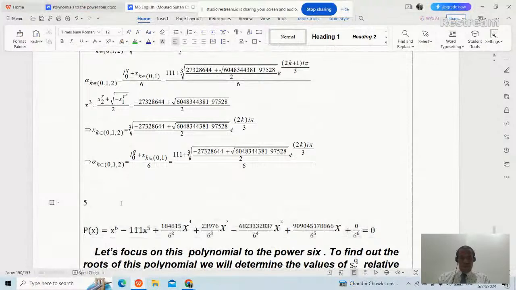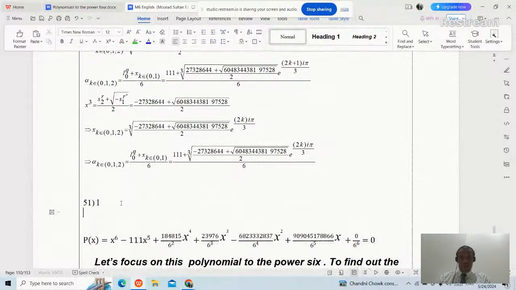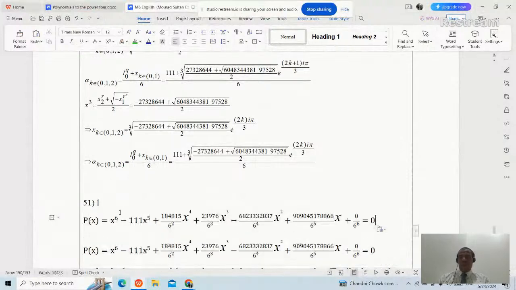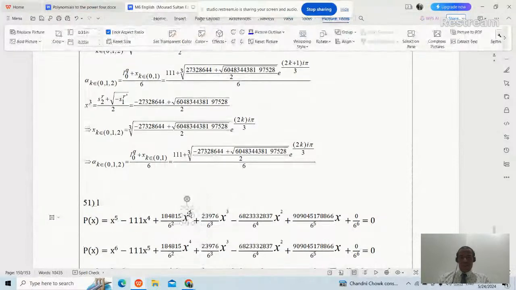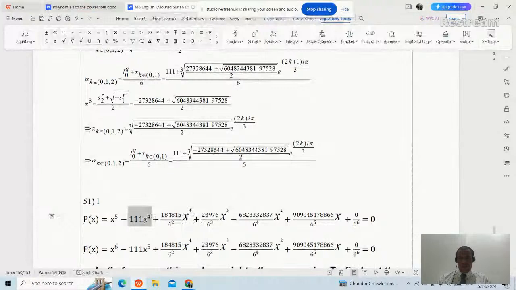Example number 51. Here, learners, I will just reduce the power. This is 5. This is 4. This is going to be 3.